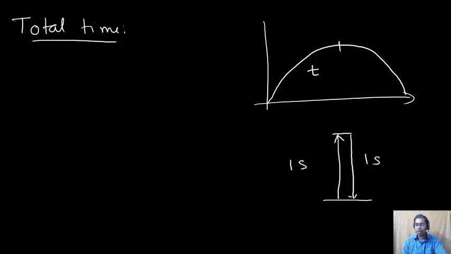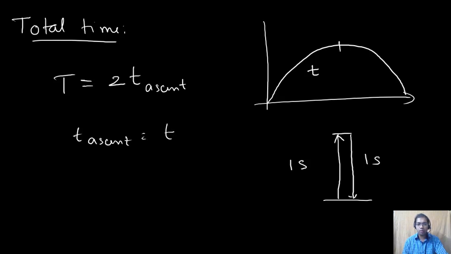It is not going to take more than 1 second or less than 1 second, because the distance it has traveled is going to be the same. So the total time we can take as twice the time. Keeping that idea in mind, the total time T, I can write as 2 times time of ascent. That means time of ascent is equal to the time of descent.